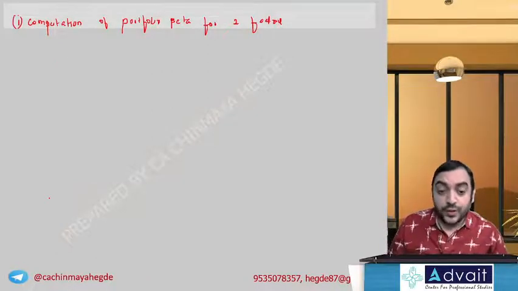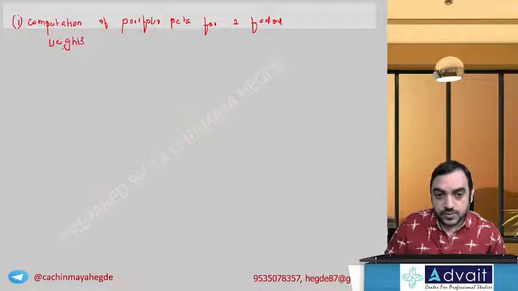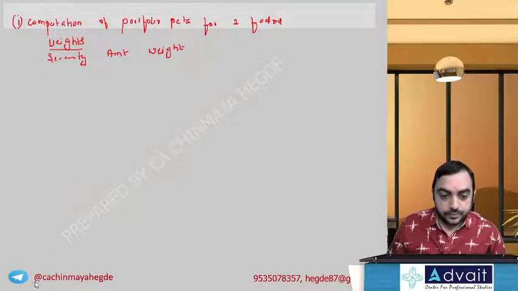First we'll compute the weights. For weights, for simple tabular calculation: security, amount, weight. Security A and security B.